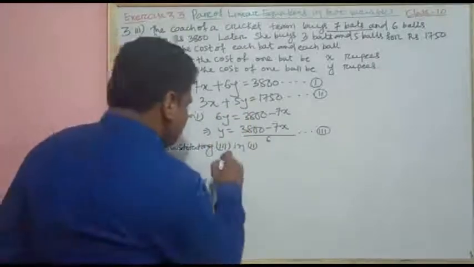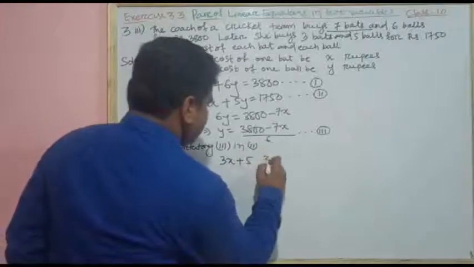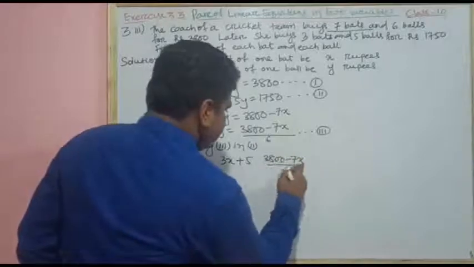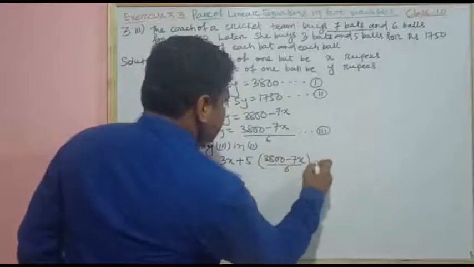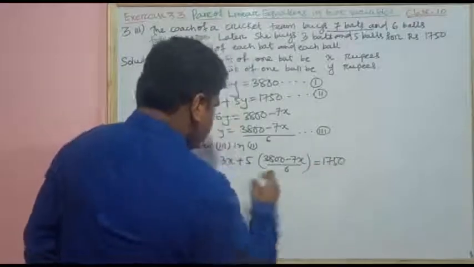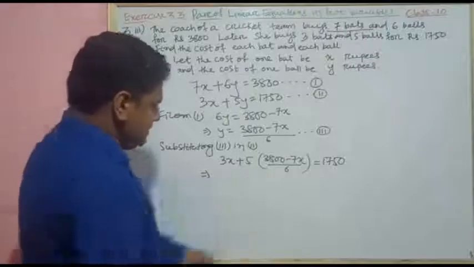So it will be 3x plus 5 into, in place of y, 3800 minus 7x by 6, is equal to 1750. This implies that we can take 6 as the LCM.